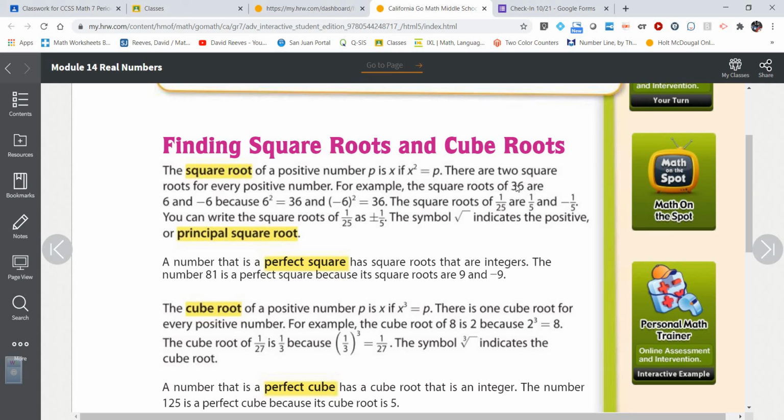So for example, if we take a look here, they take the number 36, and they say that the square root of 36 would be both positive and negative 6. What do we know? We know that 6 times 6 is 36, or another way to say that is 6 squared is 36.